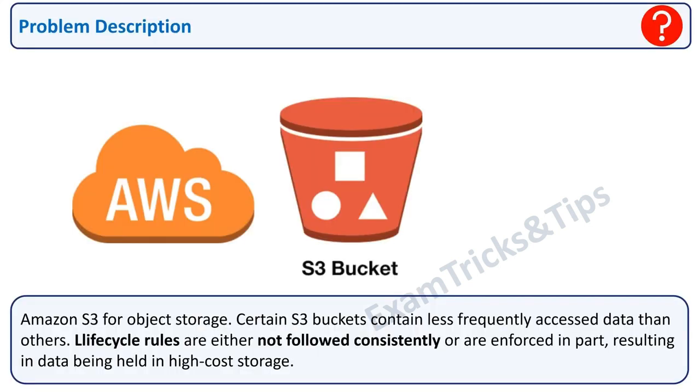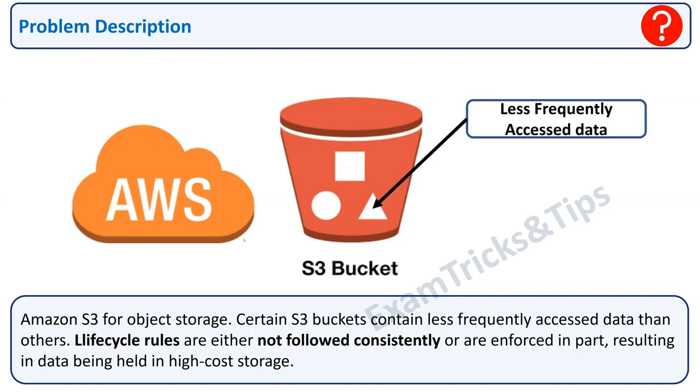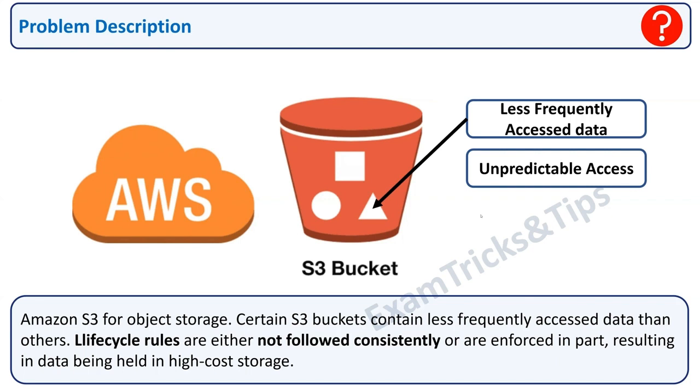In this particular scenario, we have S3 object storage being used as a storage solution, and we have different types of data here. Some data is less frequently accessed, some data is more frequently accessed, and the access pattern is unpredictable.